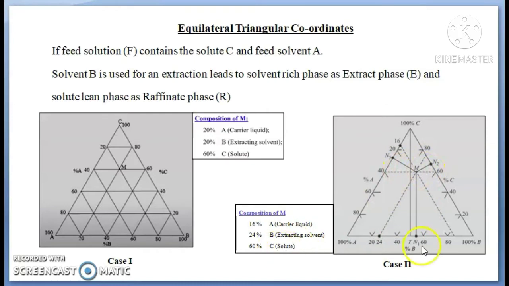Whereas the perpendicular distance from the point M to the side AC gives you the percentage of B. This is indicated as 24%.